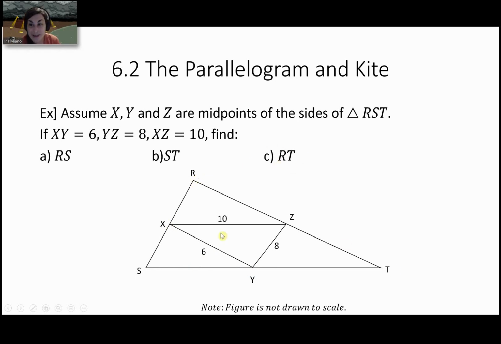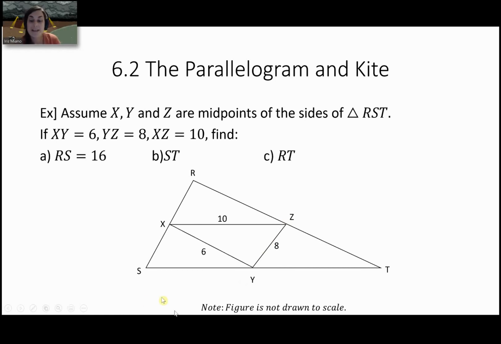So what's the relationship? Well, the inner edges that are the connections of the midpoints are half the measure of their parallel counterparts on the outer edge. So therefore RS, which is parallel to ZY, has to have what length? Well, ZY is 8, so RS must be double that. That's 16.